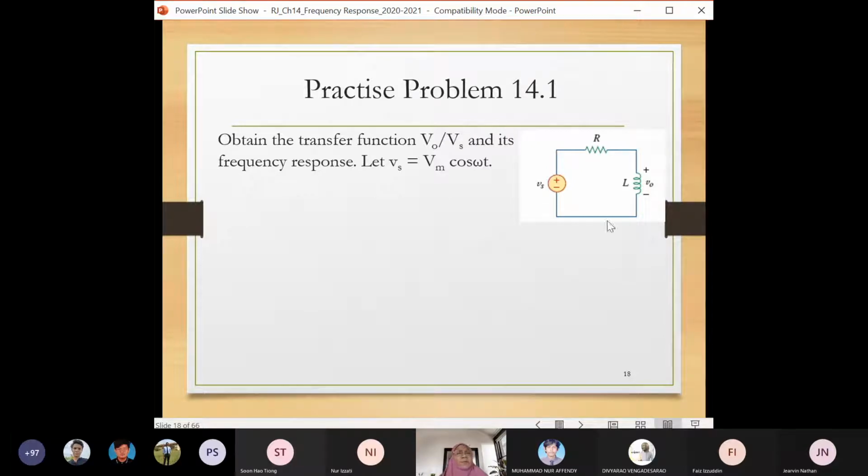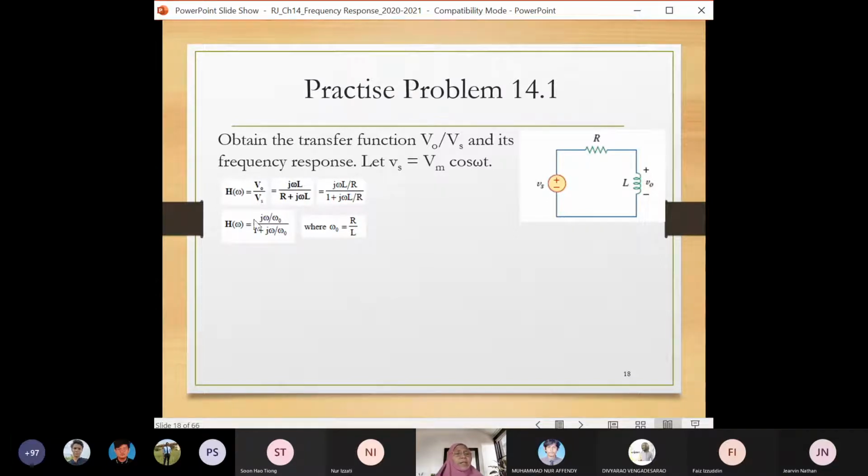Okay, and for another example, with the inductor, it is similar to the capacitor, but the difference is that the inductor has increasing impedance, whereas the capacitor has decreasing impedance with the slope.